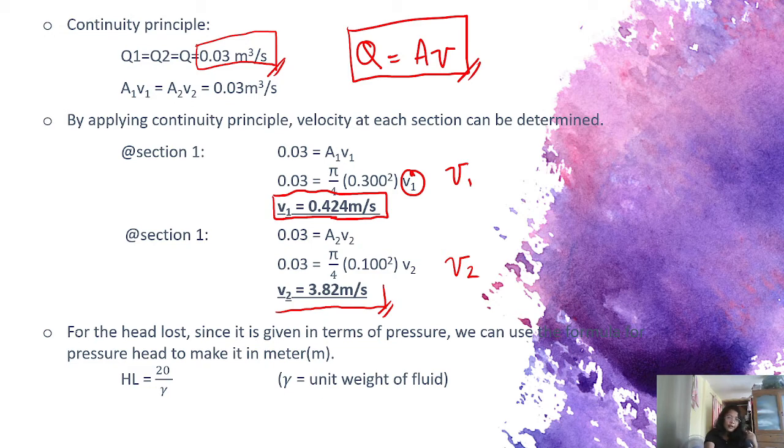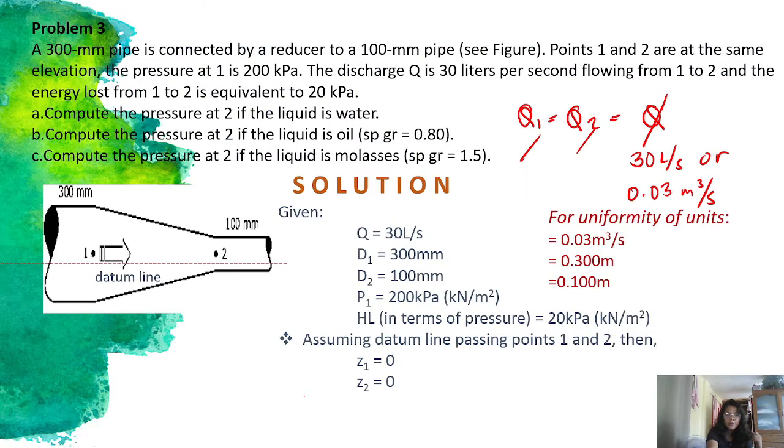So, sabi ko nga, di ba, the pressure is equal to gamma H. So, para in terms of head or meter na lang tayo mag-focus. So, we can say that also height is equal to pressure over gamma. And then, the pressure is given, head loss yan eh. So, 20 kilopascal divided by, kung ano ba yung unit weight ng liquid?